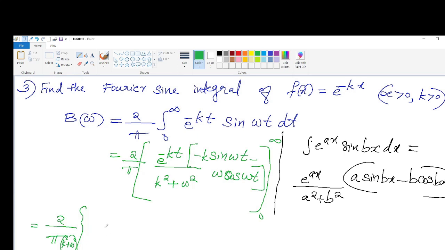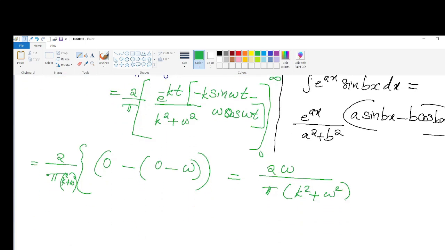Inside the bracket, the first term becomes 0, since e^(−∞) is 0. Now substitute the lower limit: e^0 is 1, then −k sin 0, that is 0, then −ω into 1. So the answer is 2ω divided by π(k² + ω²). So this is the value of B(ω).